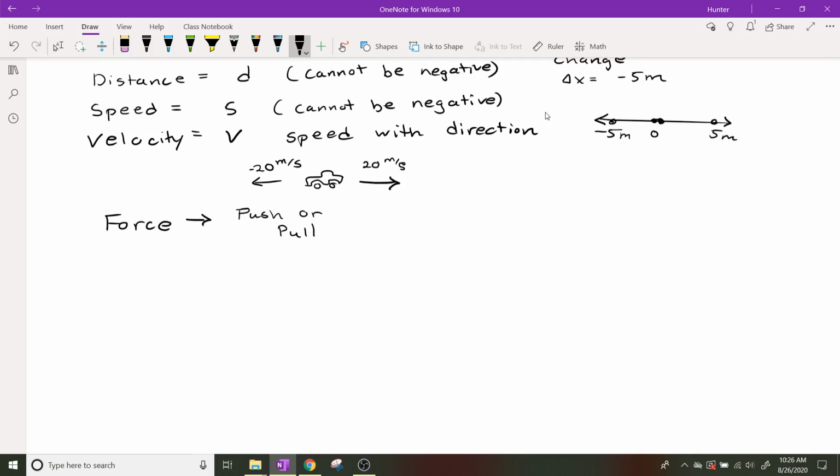Now, what is the unit for force? Okay, newtons. That's the metric system, which is what we're going to use in AP Physics. In the imperial system, what do we measure force in?